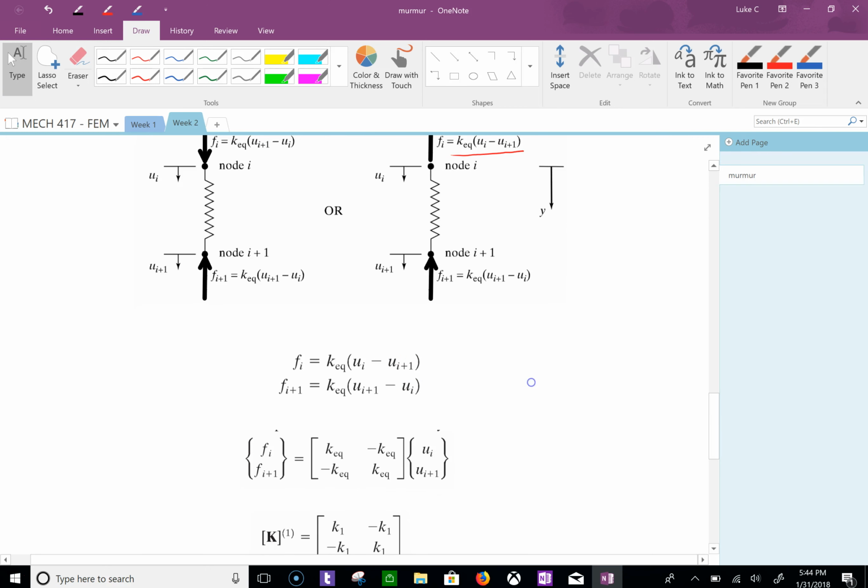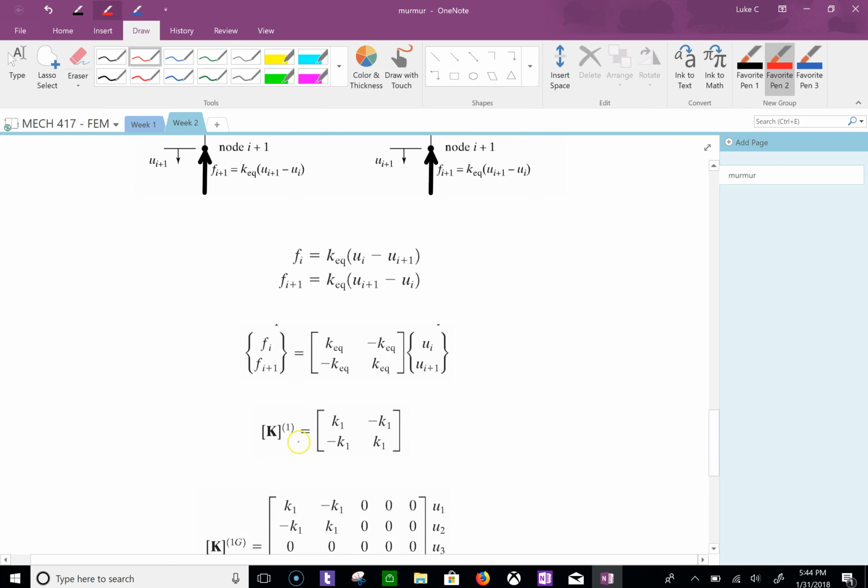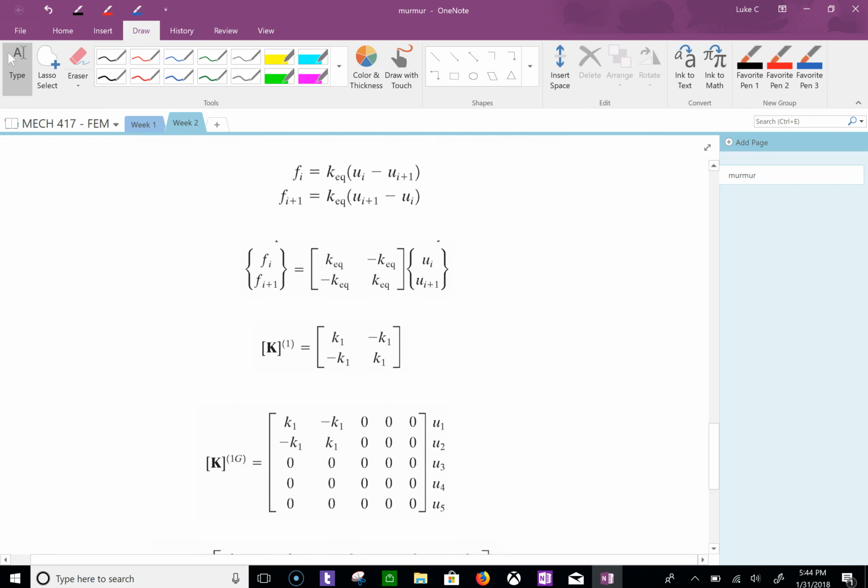So what we can do is put each element into a matrix, and now we have a stiffness matrix, and we can then start putting these values of stiffness in certain sections. So for element 1, K1 goes here, negative K1, and K1. These positives and negatives come from this equation right here.